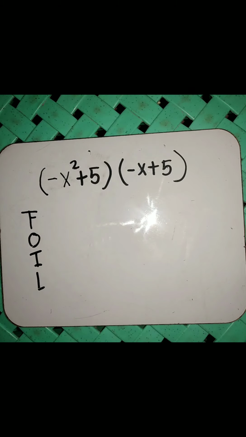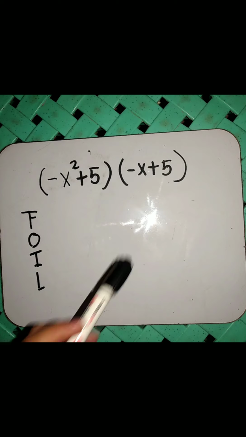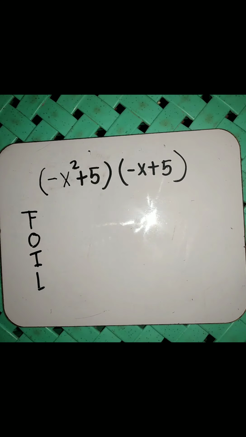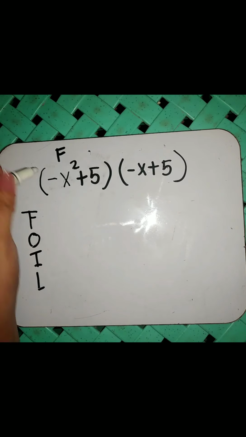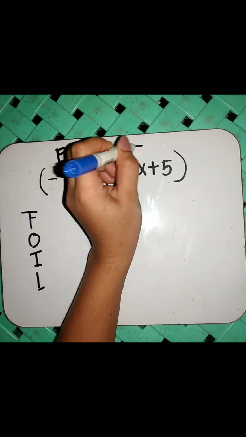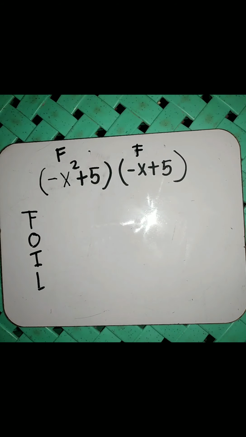The first one, F, represents the first. That means I'm going to multiply the first two terms of this given example. I'm going to put a little f above my two first terms so you can easily understand what the first term is. In the first binomial, the first term is negative x squared, and in the second it is negative x.